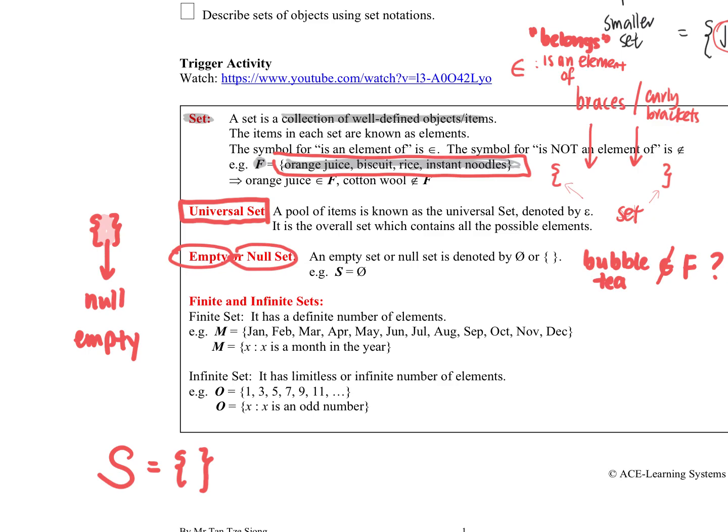So that means no elements belong to the set I define. That means it's empty. That's a null set. Or sometimes they like to use this as null set or empty set. So there are two ways to write it: either an empty bracket or a zero with a slash. Okay, so this is another symbol for you to know.